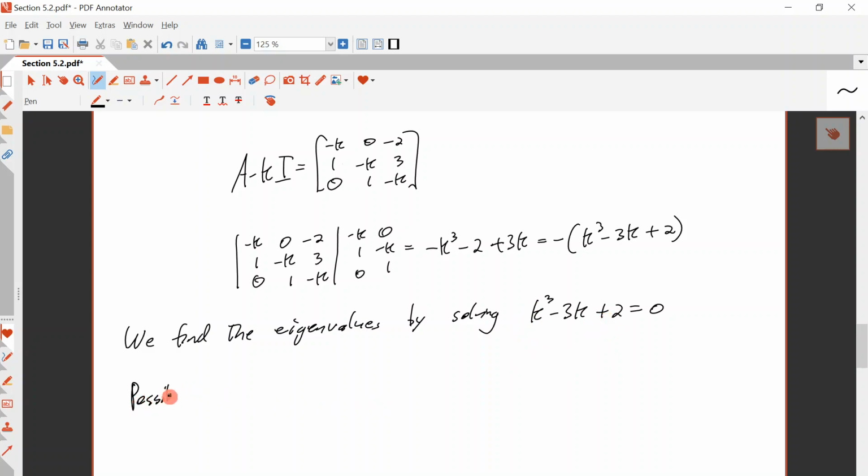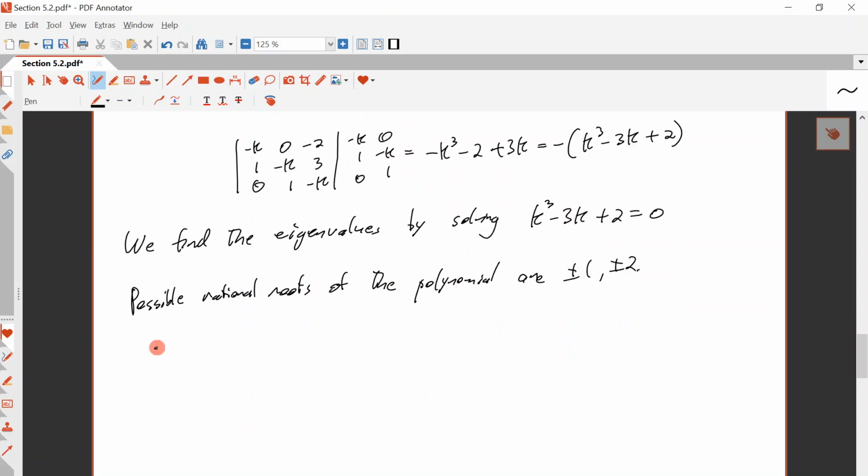So the possible rational roots of the polynomial are plus or minus 1, plus or minus 2. So let's try those. Let's try 1. 1 minus 3 plus 2, well, that's 0. So k equal to 1 is a root.